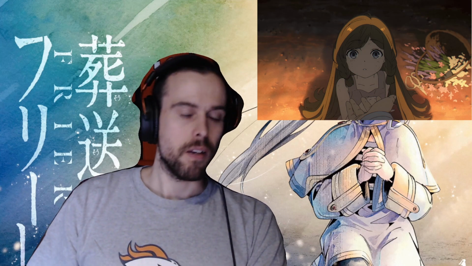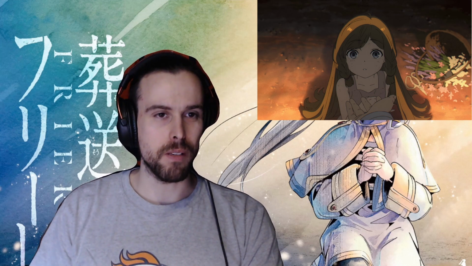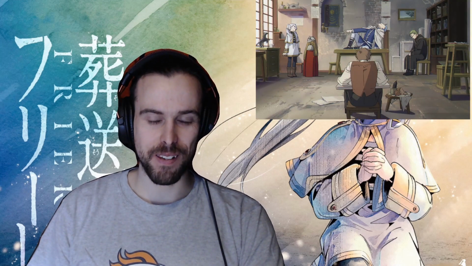We see this old lady who remembers when she was a little girl that the hero Himmel saved her city that was burning, and she remembers that, and that's why it's very important for her that this statue is kept, and that it's being kept clean and nice, but she can't take care of it anymore because she's too old to keep up the work. So we hire ourselves a mage, and reminisce a little bit about how Himmel was when the statue was made.